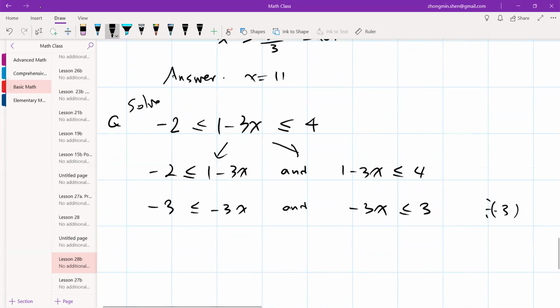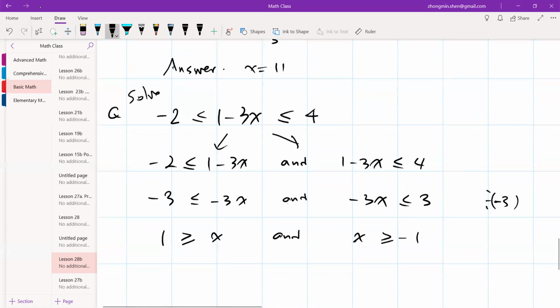When you divide by -3, you have to change the direction of the inequality. -3 divided by -3 is 1, greater than or equal to -3x divided by -3, which is just x. And here, -3x divided by -3 is just x, greater than or equal to 3 divided by -3, which is -1.